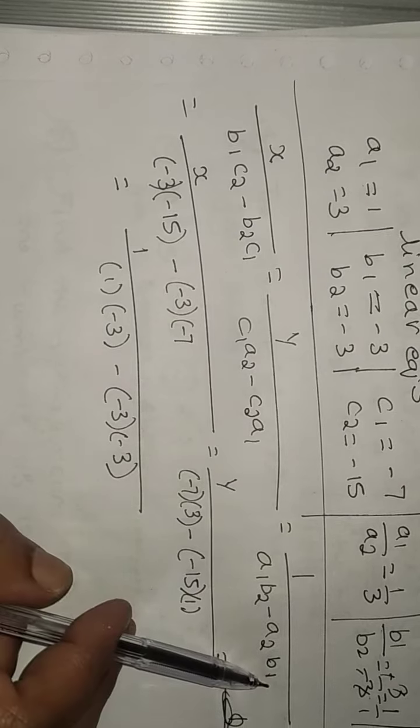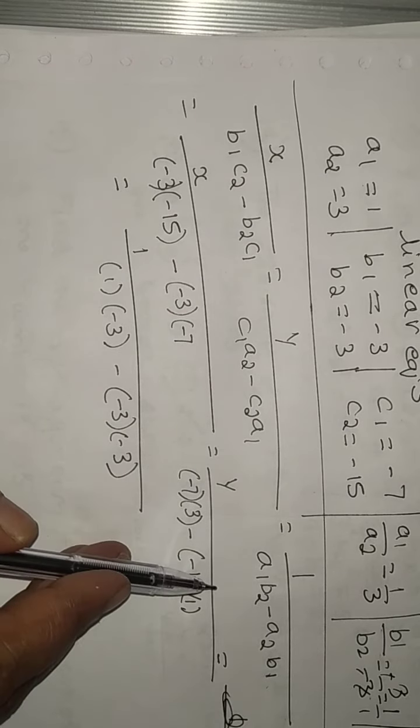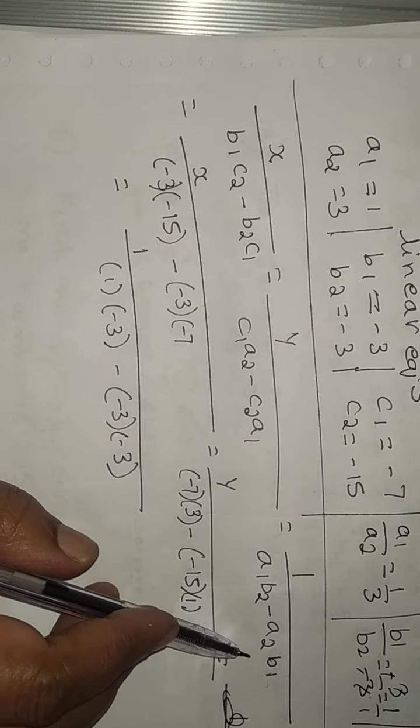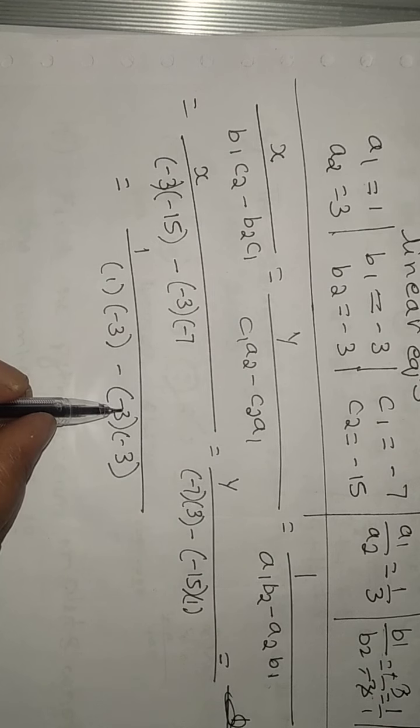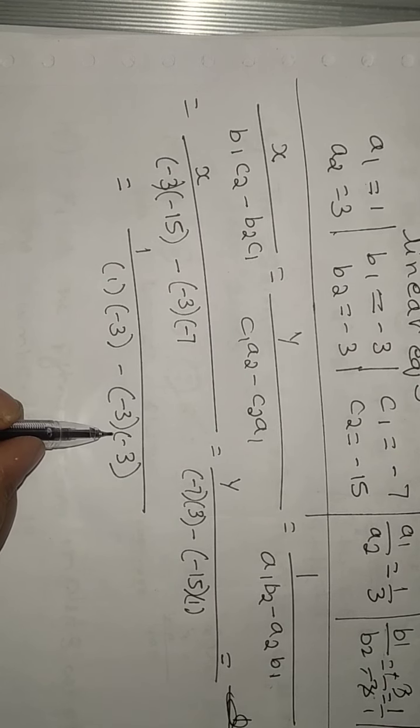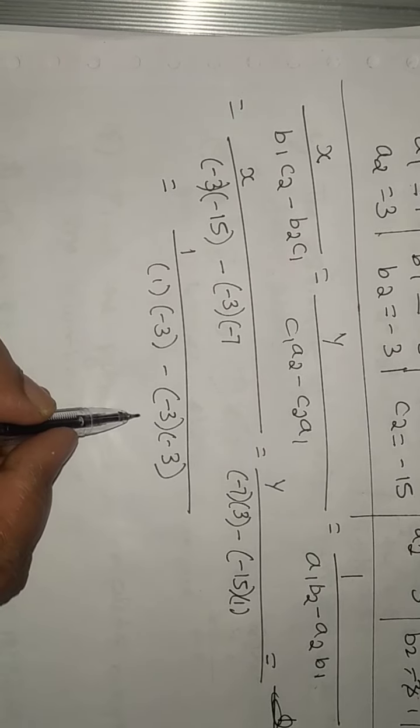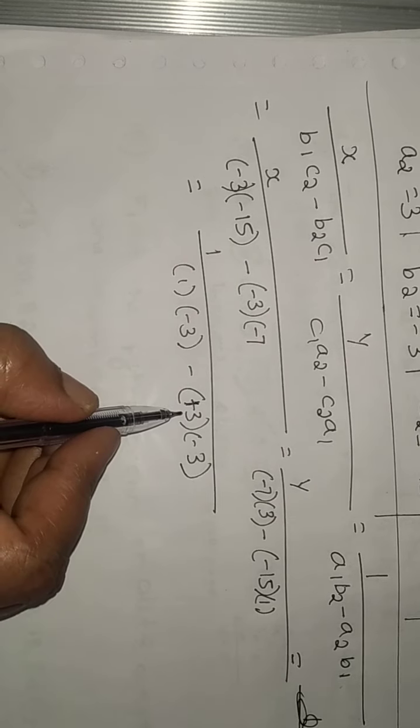Okay, A2, see here, last one, A2 is 3 and B1 is minus 3. Here I have just written minus. No, this is plus 3.